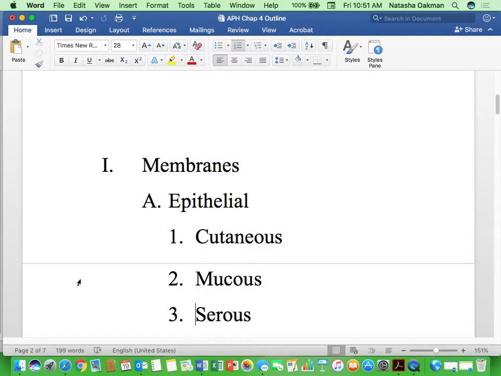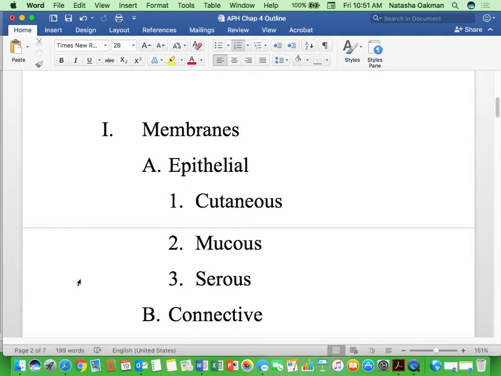So there are membranes that do not have the epithelial layer. There are membranes that are simply connective tissue. And these are the synovial membranes.